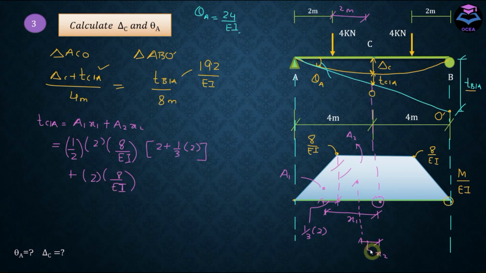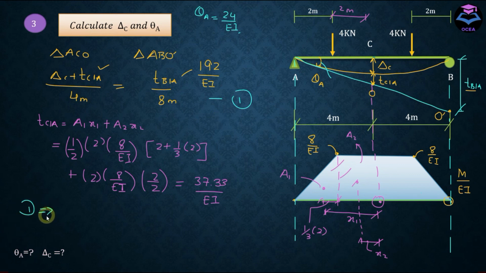And x2 is going to be equal to half of this 2 meter. So 2 upon 2. And if you solve it, it's equal to 37.33 over EI. Okay, let's call this equation number 1.